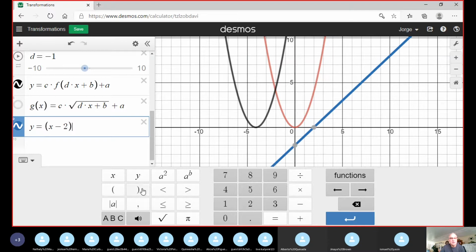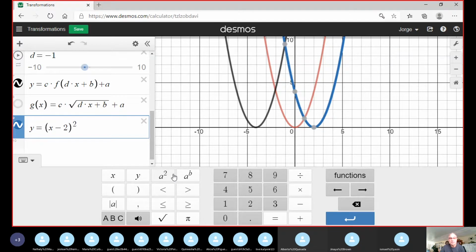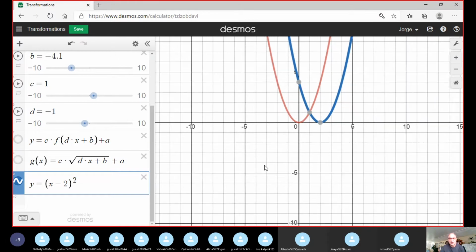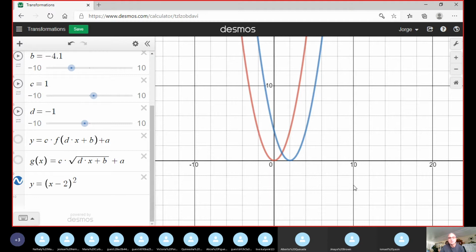Close the parenthesis, square. Look at that. In this case, the original, the basic, is the red one. And when this is minus, okay, the motion is to the right.